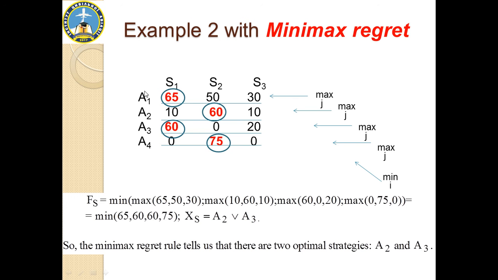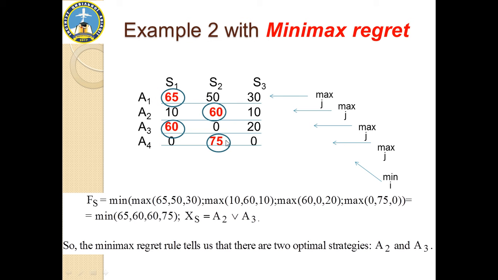For the decision option A sub 2 it's 60. For the decision option A sub 3 it's 60. And for the decision option A sub 4 it's 75. And find the minimum. So minimax regret. We minimize the maximum regret given every decision making option here. So the minimum of these maxima is 60.